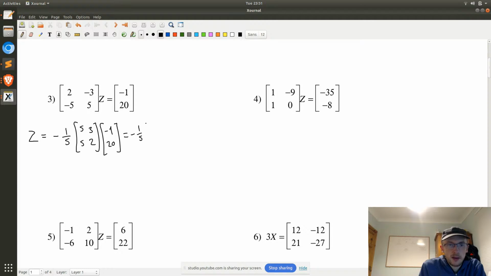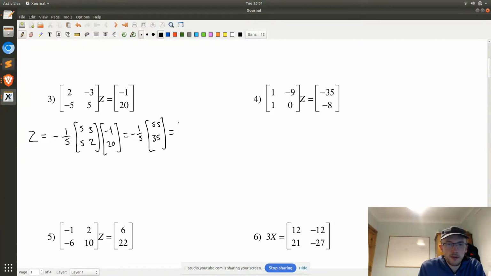So negative a fifth. Negative 5 and 60 is 55. Negative 5 and 40 is 35.